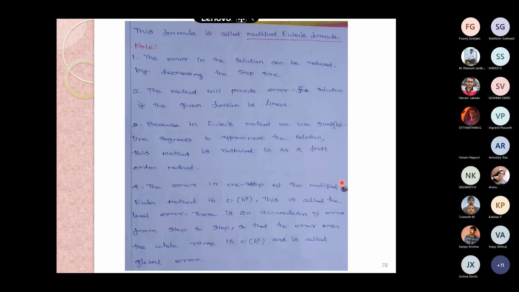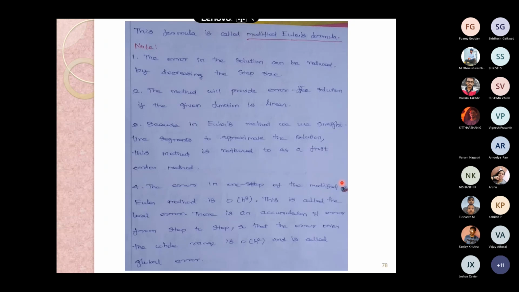This method is referred to as a first order method. The error in one step of the modified Euler is h cube. This is called the local error. There is an accumulation of error from step to step, so the error over the whole range is h square, which is called the global error.